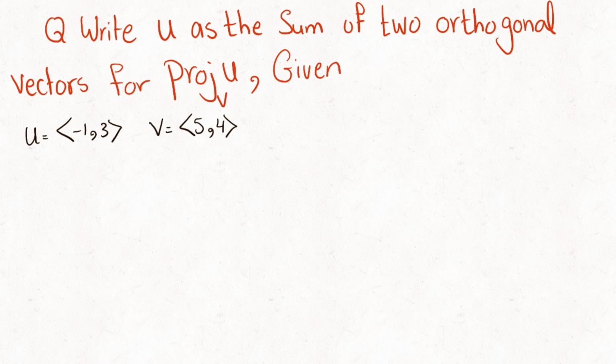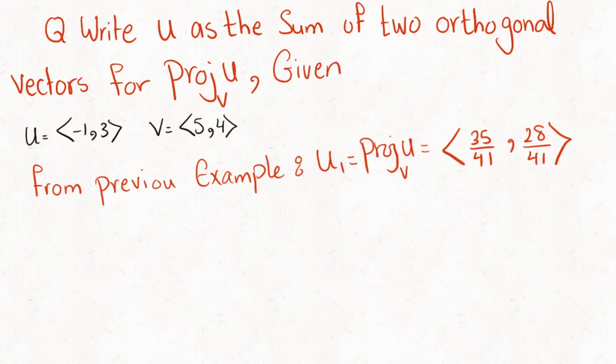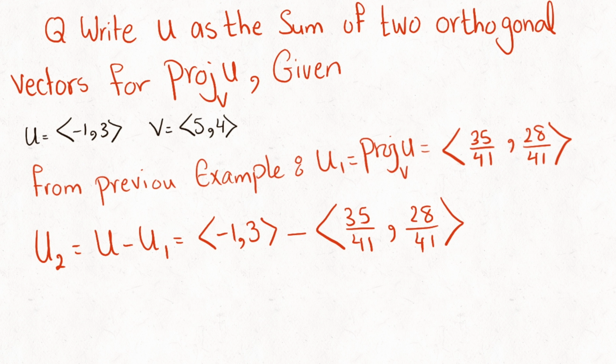Now, we found the projection of u onto v in the previous example. Thus, we will say u1 equals projection u onto v, and we found the value before. Now, to find the second vector, you will say u2 equals u minus u1. You will go to the question, u as given in the exam, minus the projection.